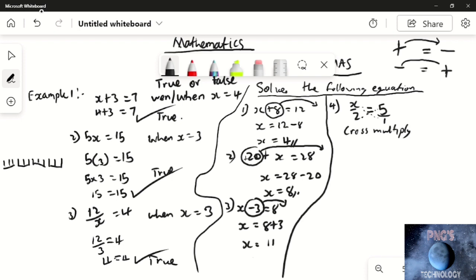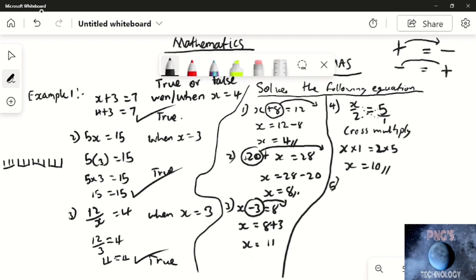So x will multiply diagonally: x multiply 1, 2 multiply 5, inversely, 5 multiply 2, 1 multiply x. So it will be x times 1 equals 2 times 5. So x times 1 is just ordinary x, equals 2 times 5, which is 10. And that's our answer.